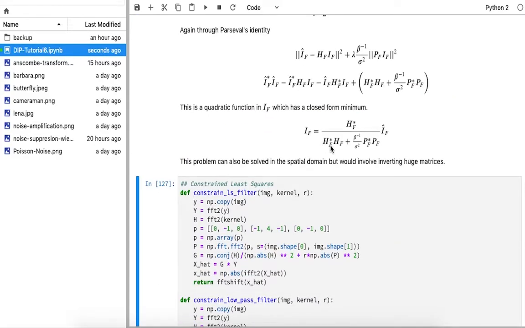So basically what you get is H transpose times all this matrix, except without the F's, then you get the inverse there, and then you multiply with the spatial response of the actual image. You can do it either way, but doing that requires a huge matrix inversion, so you can simply do it in the Fourier domain by just dividing element-wise.